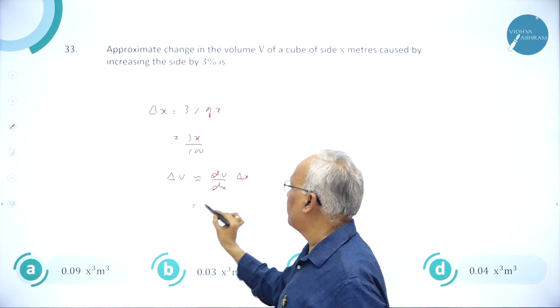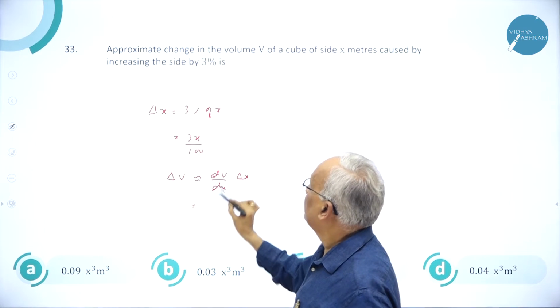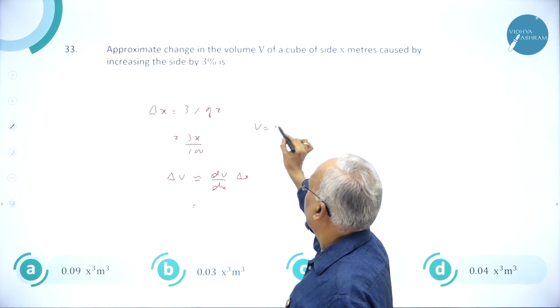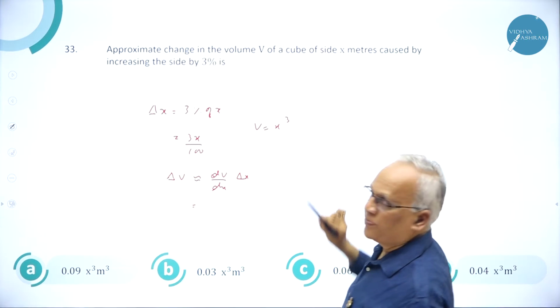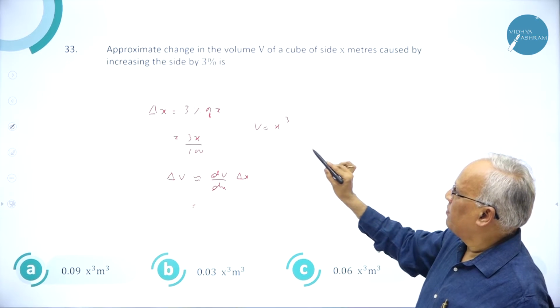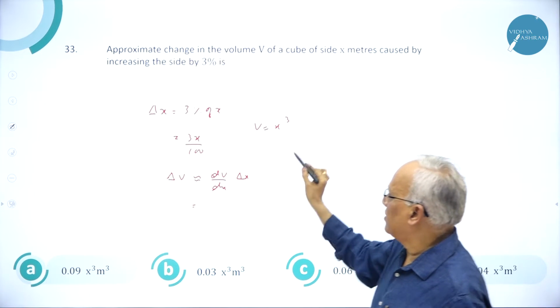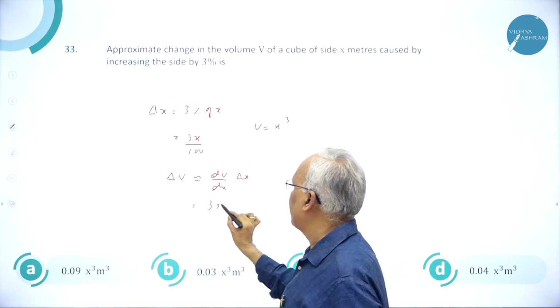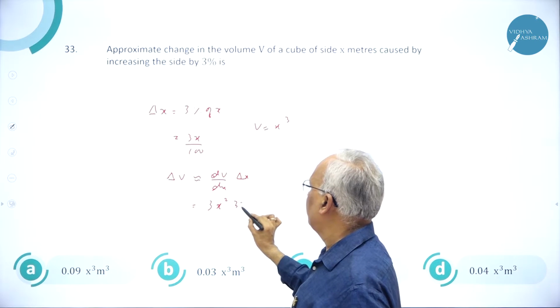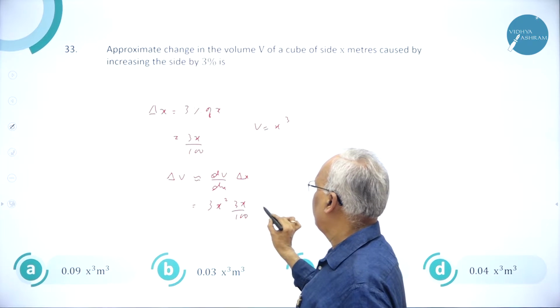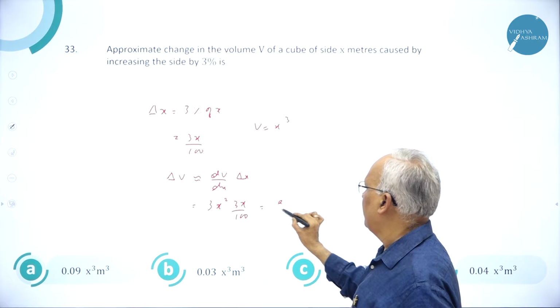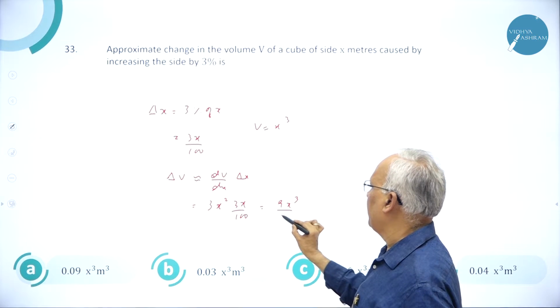This is the formula. Delta V is dV by dx into delta x. V is a cube, not a sphere. So V equal to x cube. So the derivative is 3 into x squared, into delta x which is 3x by 100, which is equal to 9x cube divided by 100.